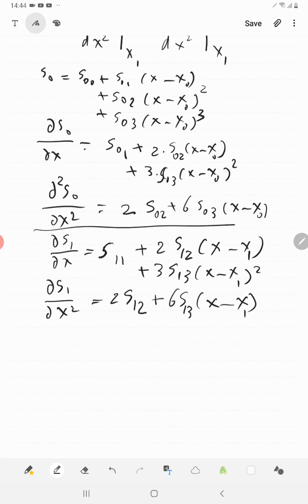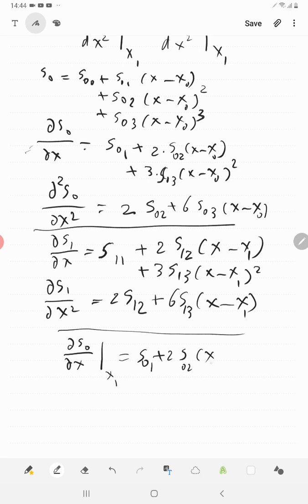Now we equate these equations. So dS0/dx evaluated at x1, that's the intersection point, you will get S01 plus 2 S02 (x1 minus x0) plus 3 S03 (x1 minus x0) squared.